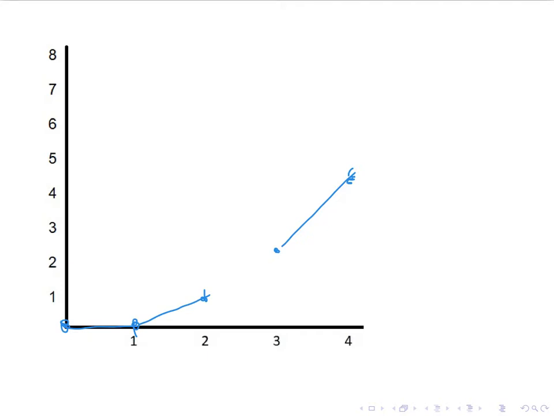So when I go to graph it, I'm going to imagine that vertex, which remember was at 1, 1/2. So I can imagine, I'm going to put this in a different color for right now, that I had a vertex here, and that I would graph my parabola like that.